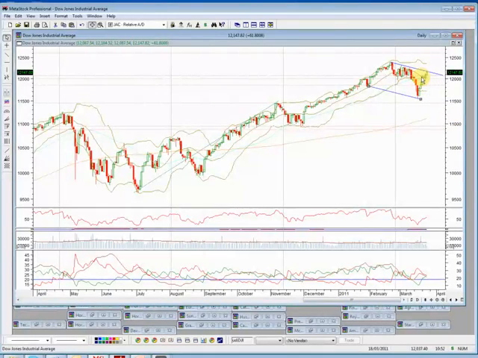So indeed the market traded sideways for a couple of days here when it reached that resistance level. We are trading above that resistance level today, and the market just found some resistance at that downward trend line.